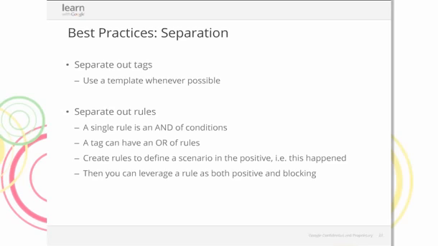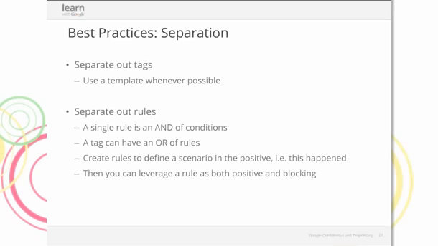The next question I get fairly often is, how does Google Tag Manager work with and or functions? Okay, so a single rule is an and of conditions. Multiple conditions can be added to a rule, and all of these need to be satisfied before the rule is satisfied. If the rule is satisfied, the tag will fire.